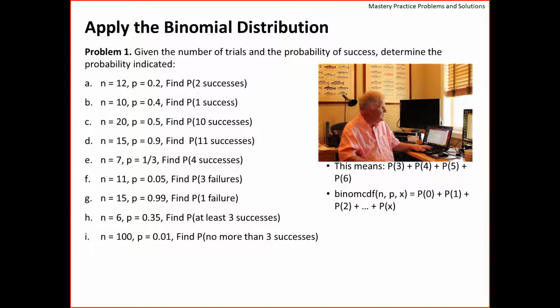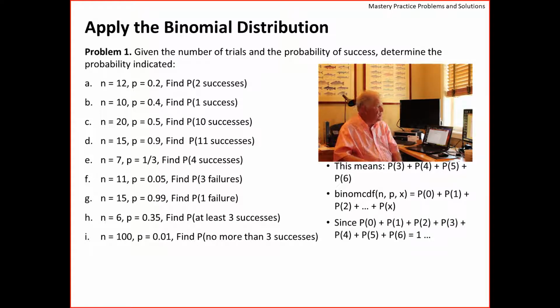What we want is this. Remember that the sum of all the probabilities has to be 1, right? You're going to run this experiment. The probability of getting 0, 1, 2, 3, 4, 5, or 6, you're going to get one of those values. Either you're going to fail and get 0, or you're going to get 1 or 2 or 3 or 4. So it's equal to 1. Well, think about what would happen if I took 1 and I subtracted binomCDF(6, 0.35, 2) from that.